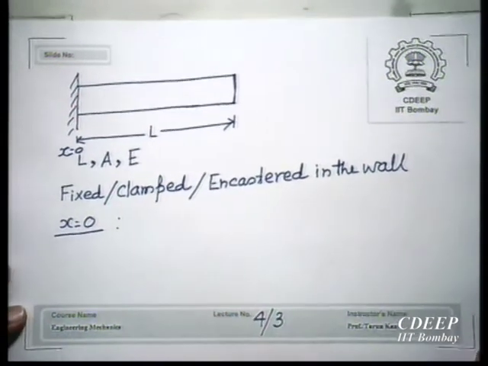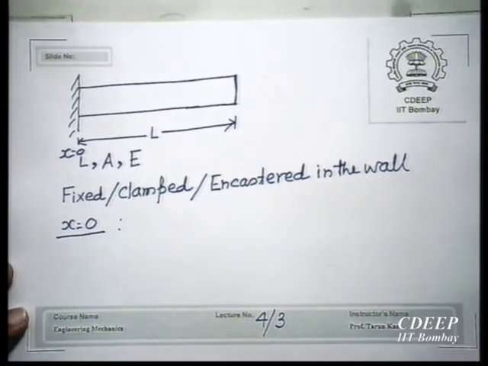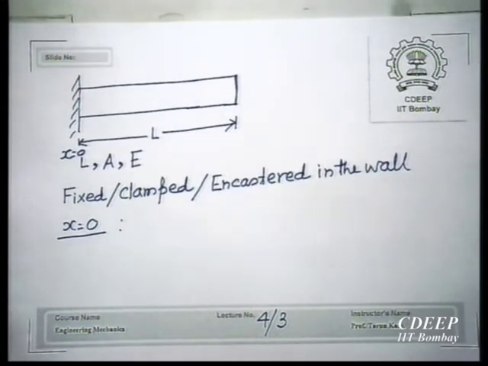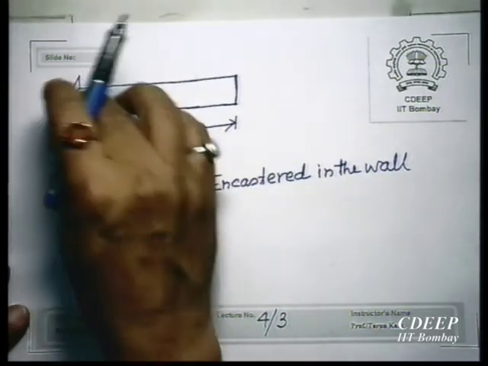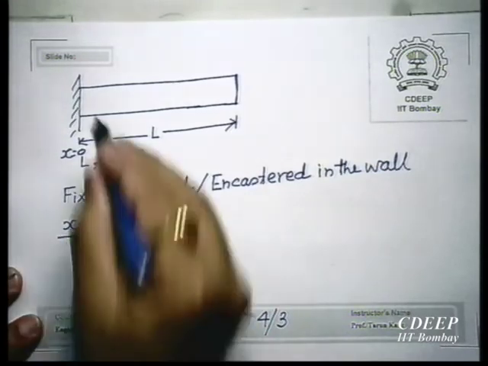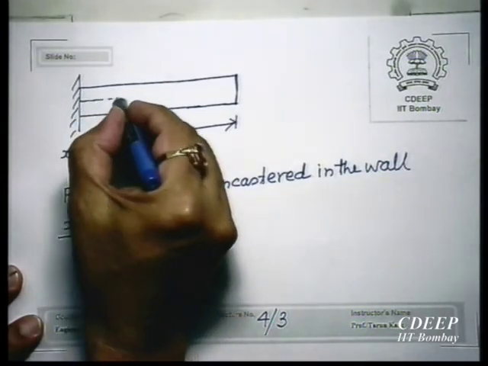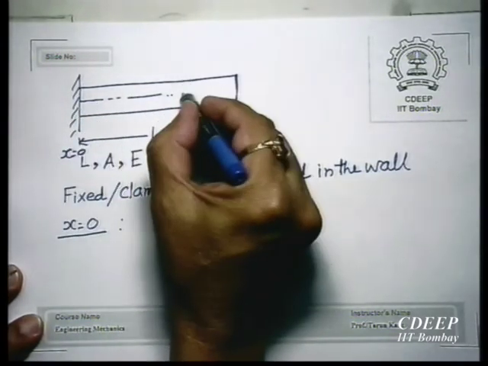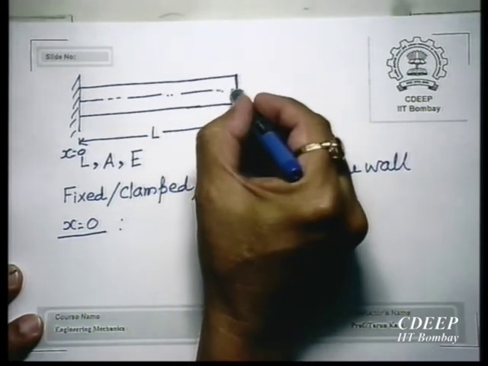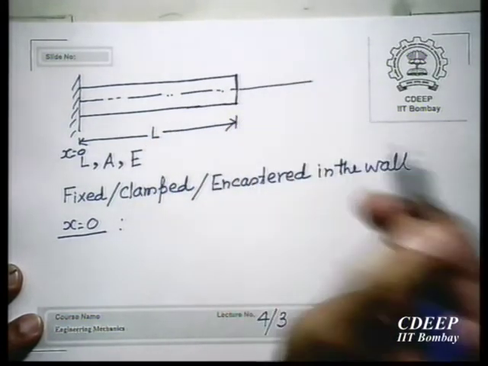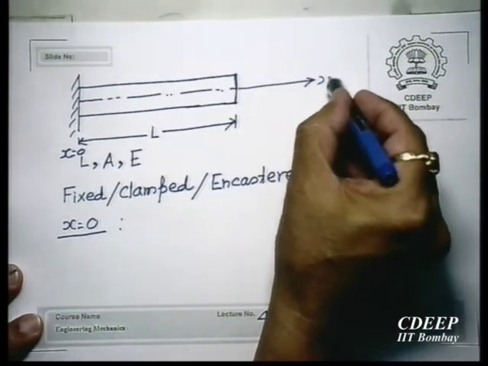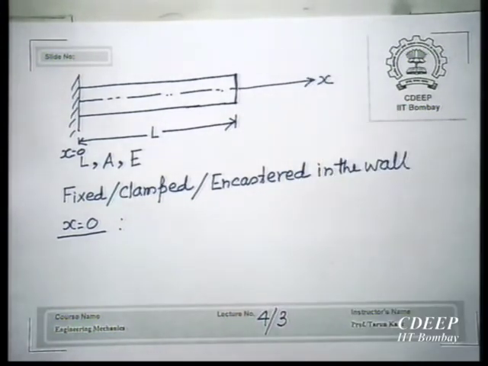tell me, clamping means what for this member, which is going to be subjected to an axial load. So, this is the axis, centroidal axis x, and we are going to subject this to some axial load, but before you apply the load, you have to clamp it.